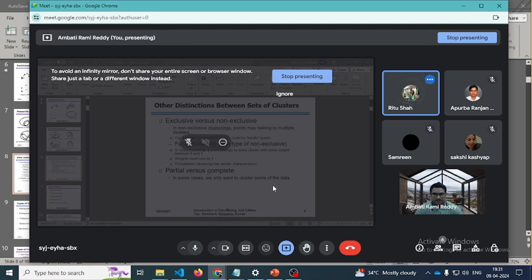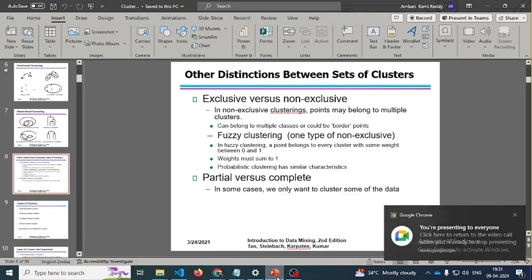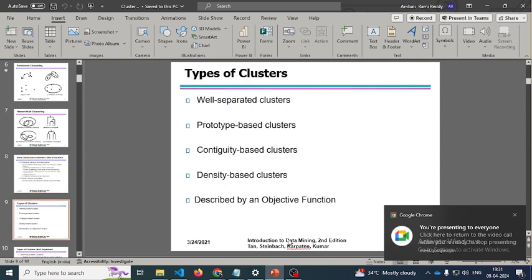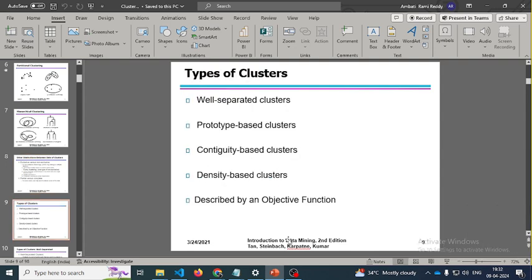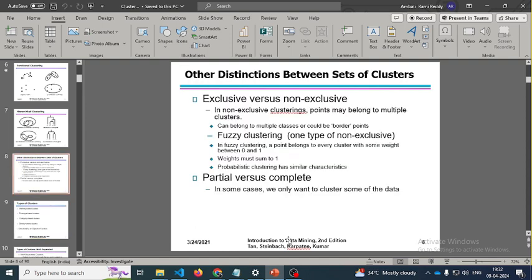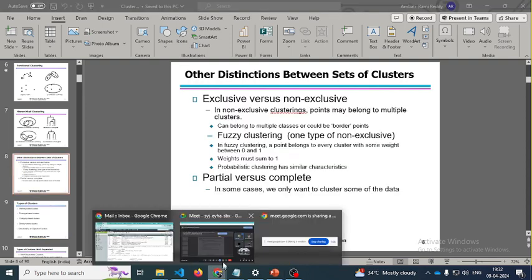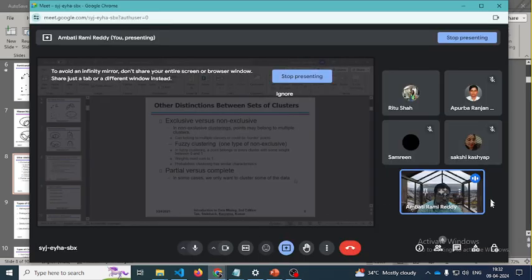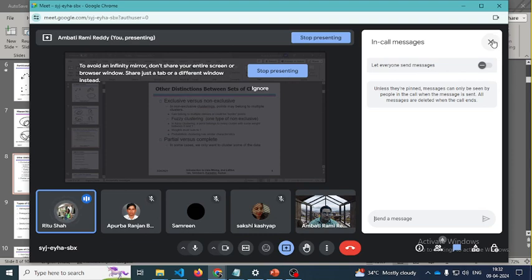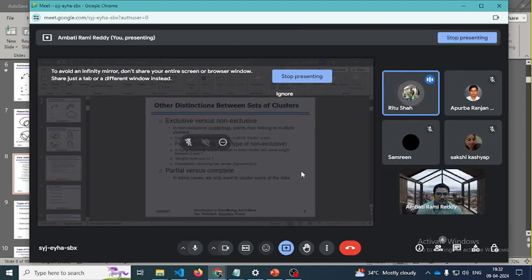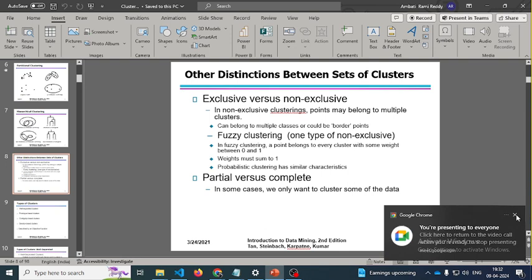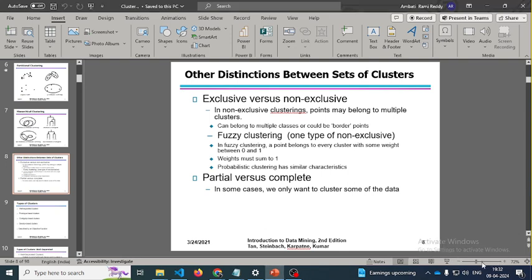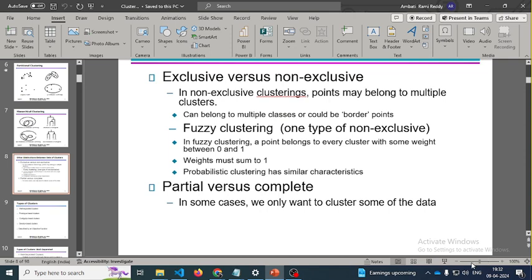Now I can see it. Also, if we could zoom in on the screen, reading this is becoming difficult. Okay.